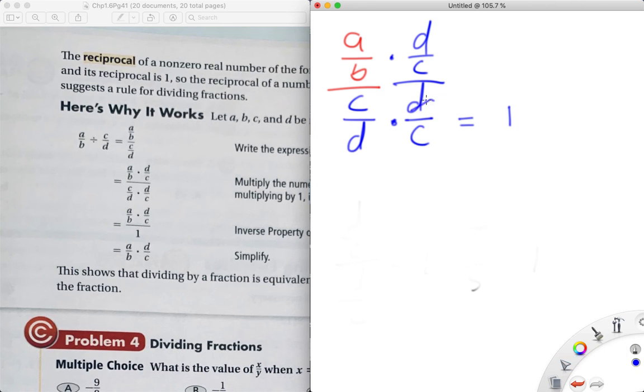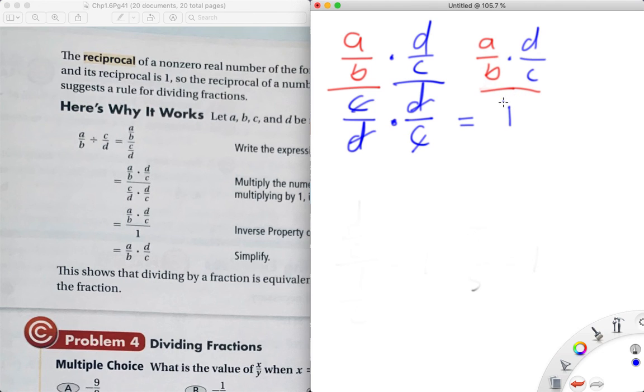These all cancel out, and I'm left with the number 1, which is what I want. And then look what happens in the numerator. I got a over b times d over c.